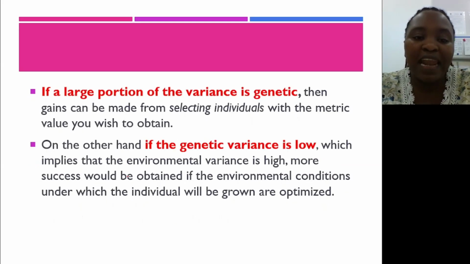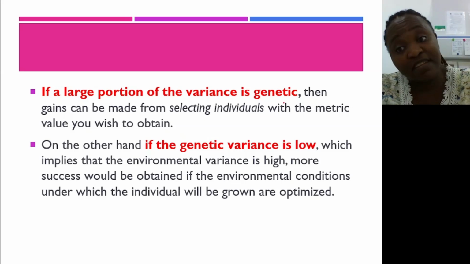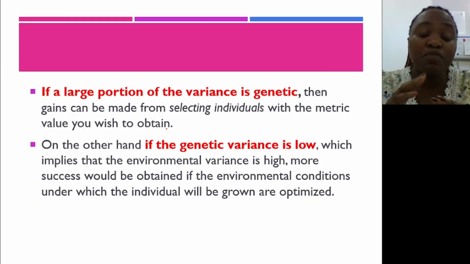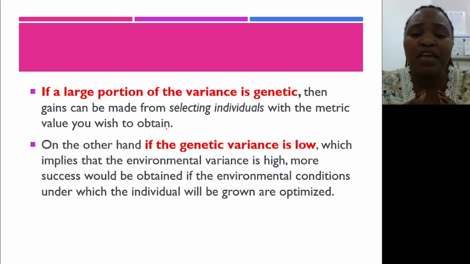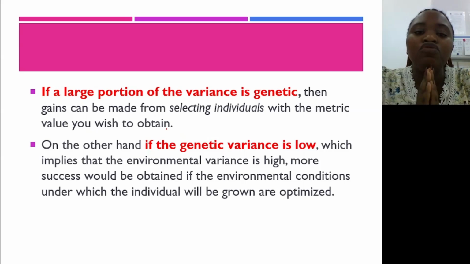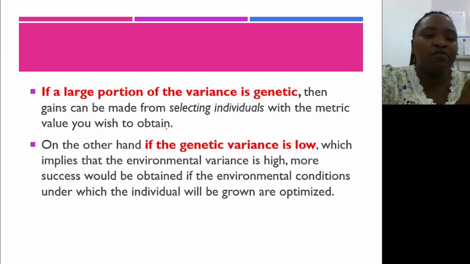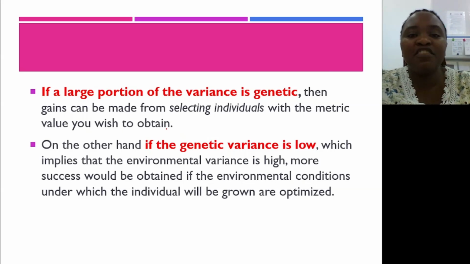For example, if a large portion of the variance is genetic, then gains can be made by selecting individuals with the metric value you wish to obtain. If you find from this equation that the greatest proportion contributing to the total phenotypic value is genetic, then you do selection of individuals, where you breed the best of the best. I think this has also been applied traditionally.